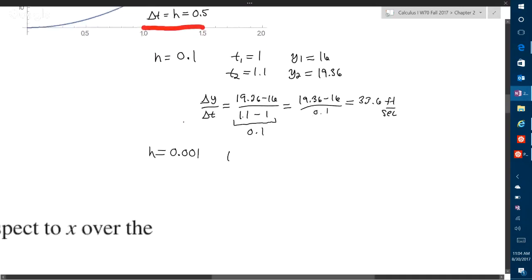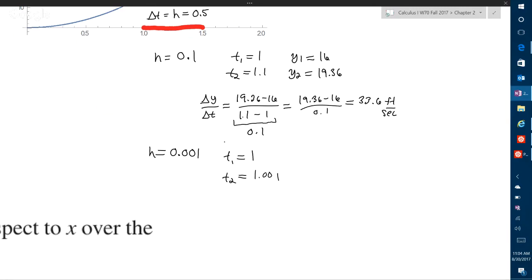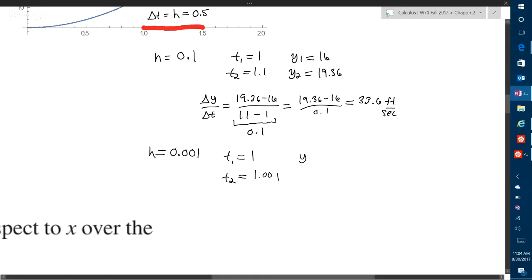Like I said earlier, T1 is equal to 1, T2 is equal to 1.001. So therefore, the length of this interval is 0.001. The y1, it's going to stay the same. That's just 16.